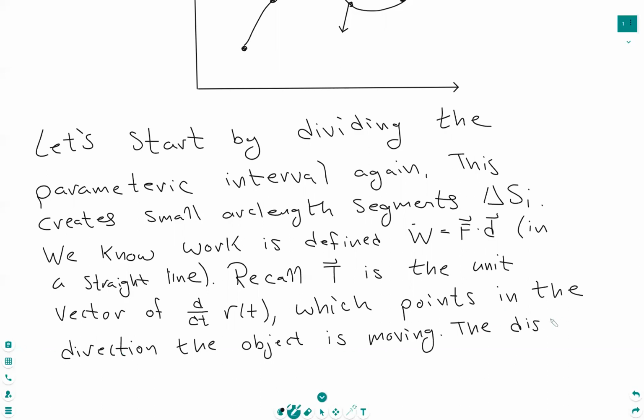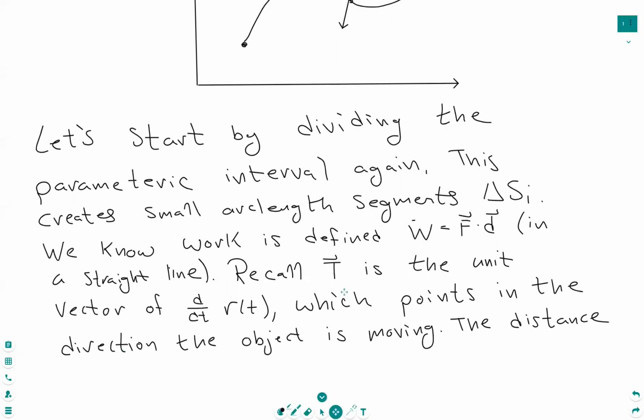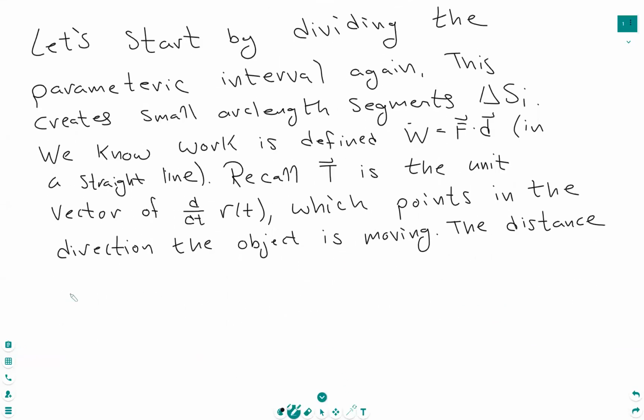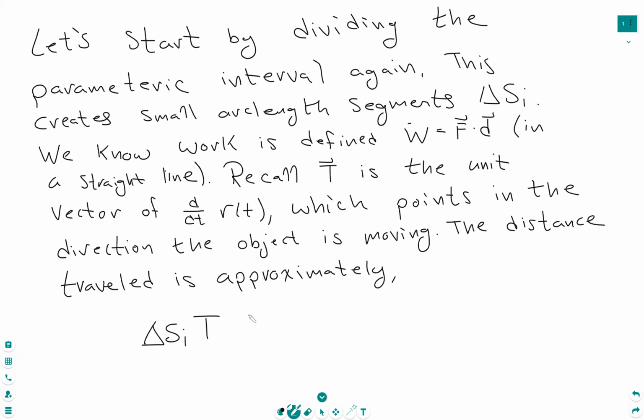The distance traveled is approximately the small arc length component, delta s_i, times T, with x of t_i star, y of t_i star.